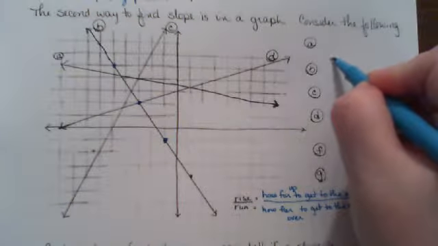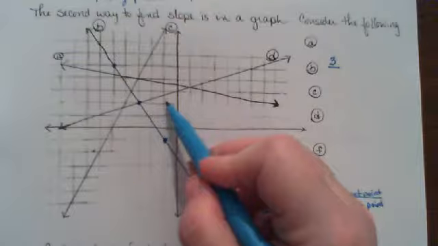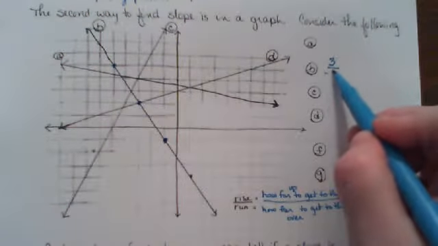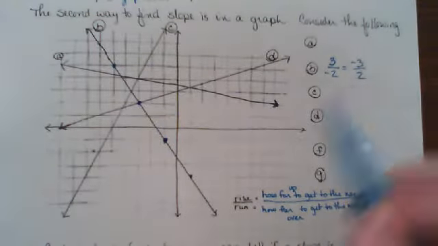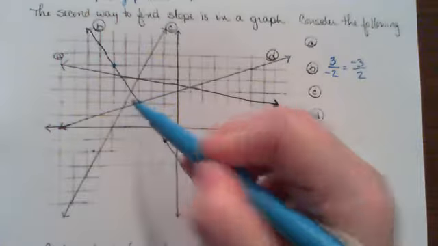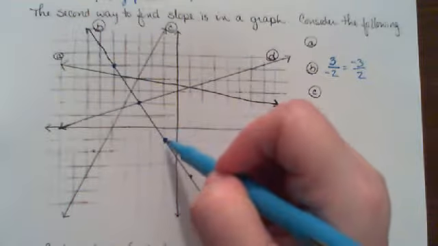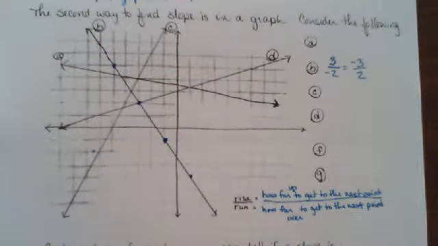So for B, I went up 3, and then I go over in the negative direction 1, 2. So that gives me negative 3 over 2 for my slope. Let's say I hadn't seen this point right here. Let's say I saw this point and I saw this point down here. Well, that's okay.